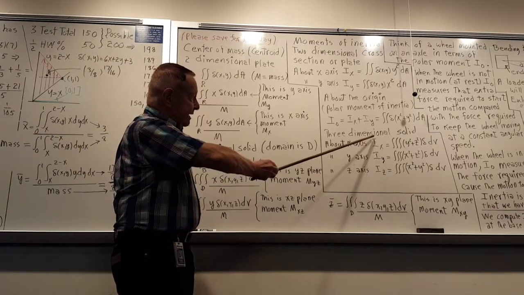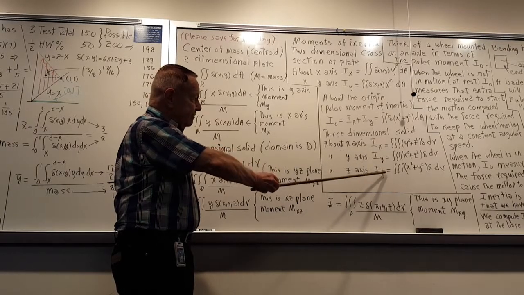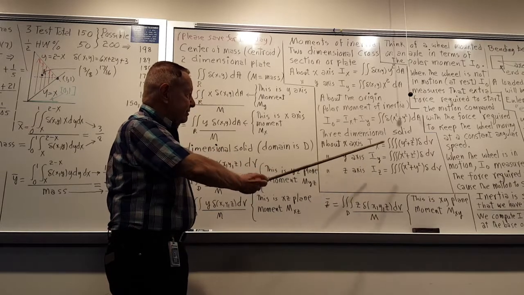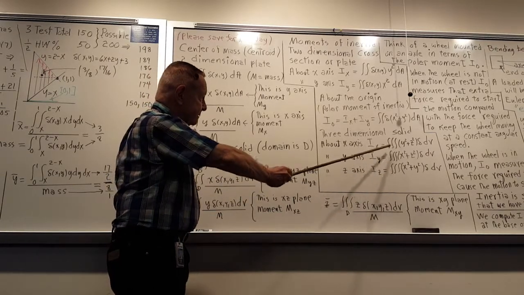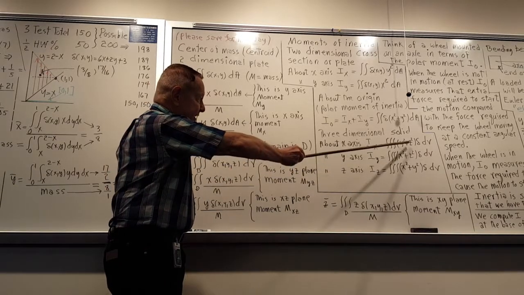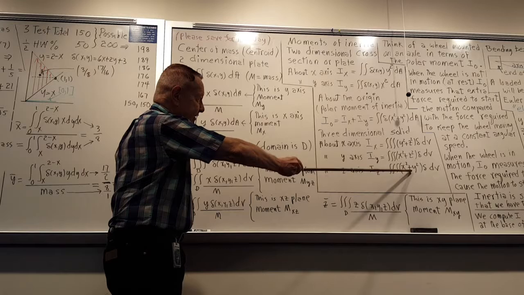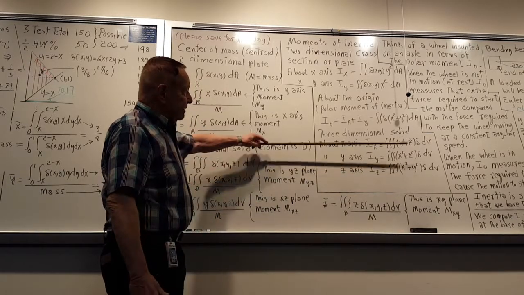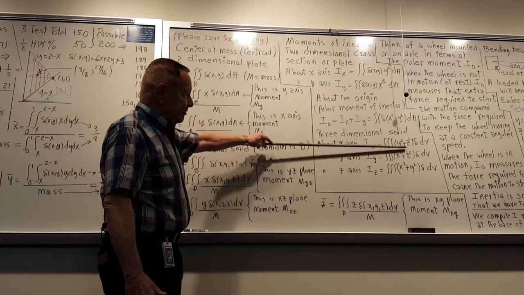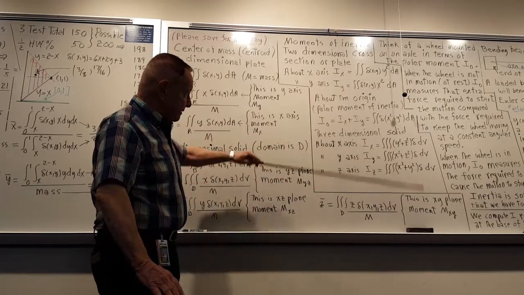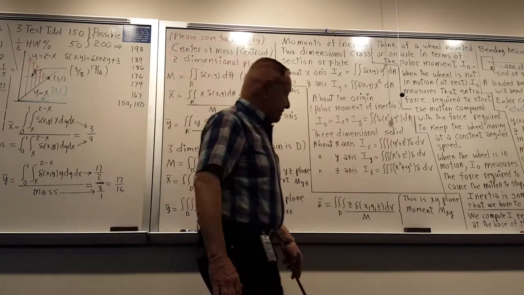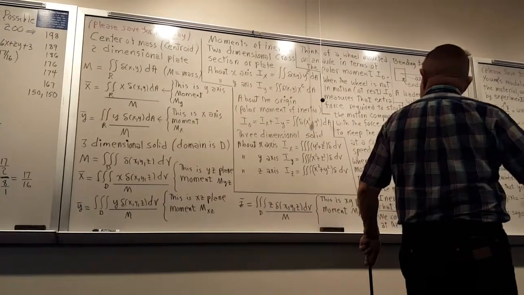You can also have moment of inertia for three-dimensional solids relative to the x-axis, y-axis, or z-axis, and the formulas look like this. I don't have any of the homework problems that really require doing this, but these formulas will work with these, but you can certainly get that.